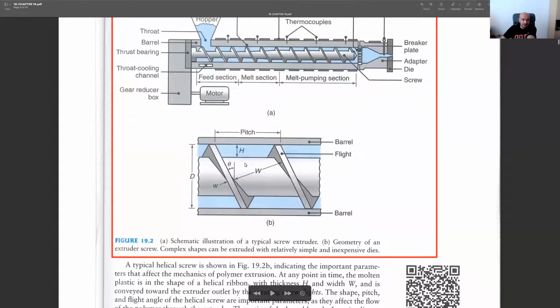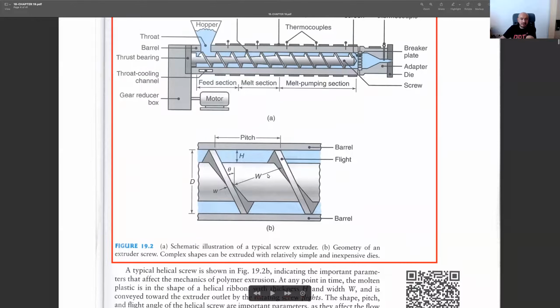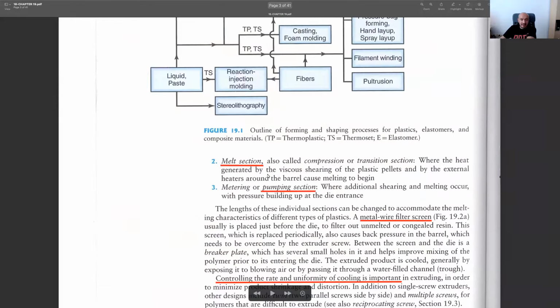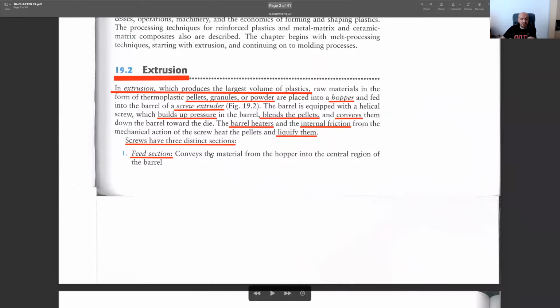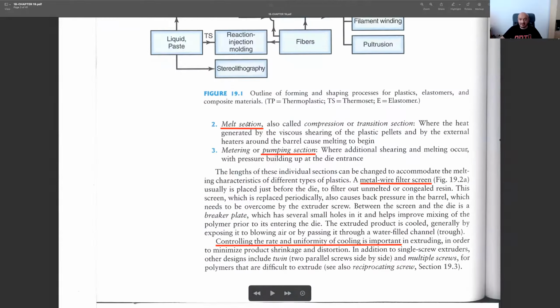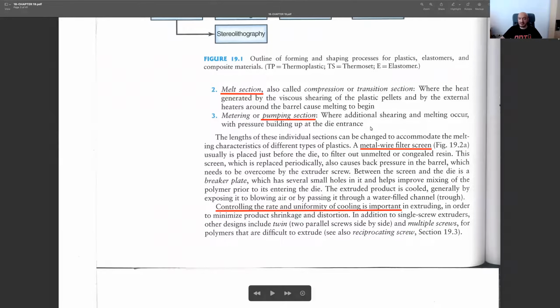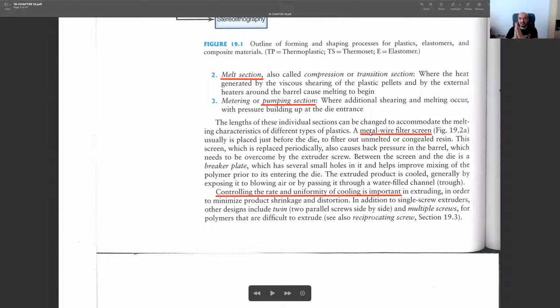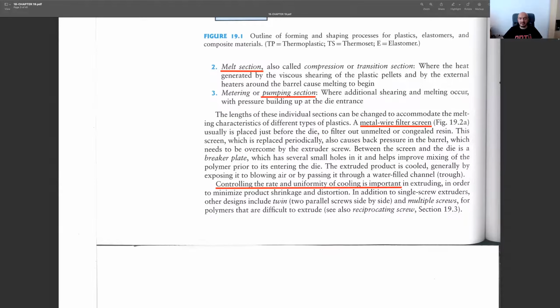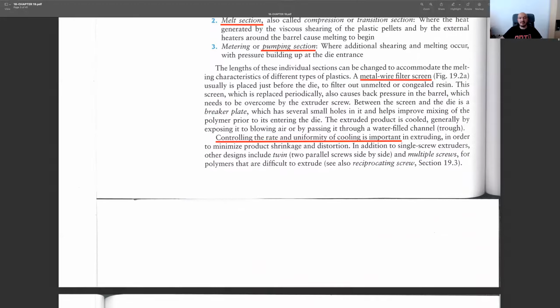There are some other properties, but not that important right now. These are the fundamentals of the extrusion process. In summary, the screw has a feed section, melting section, and pumping section. As we have seen, the filter screen is highly important. With its help, the unmelted material or dirt is filtered out, and the quality of the extruded material is improved.